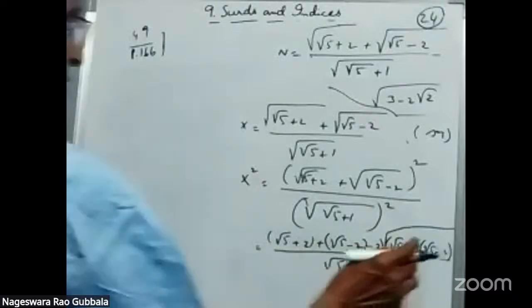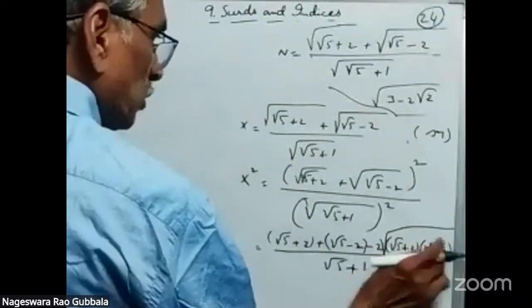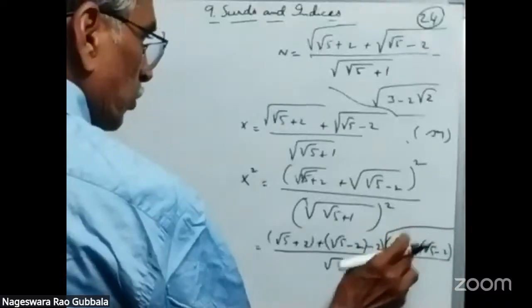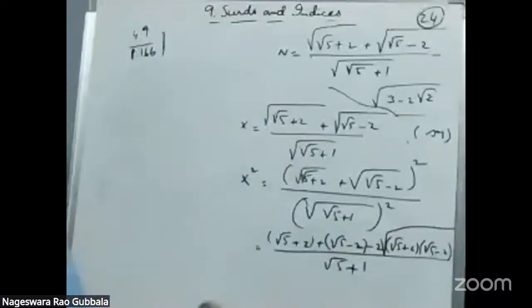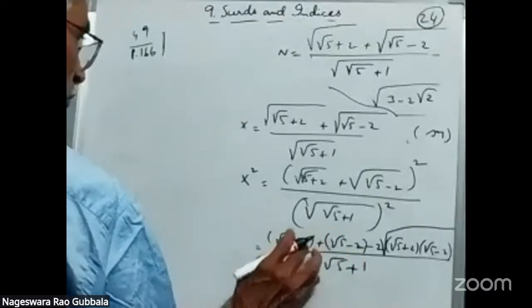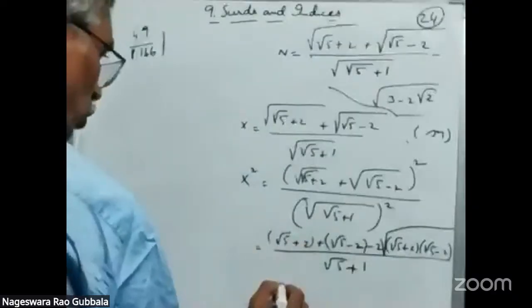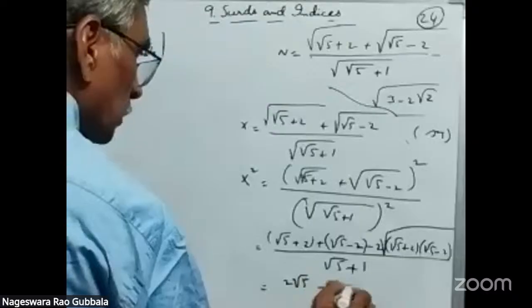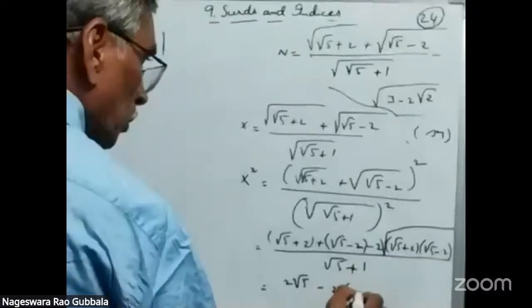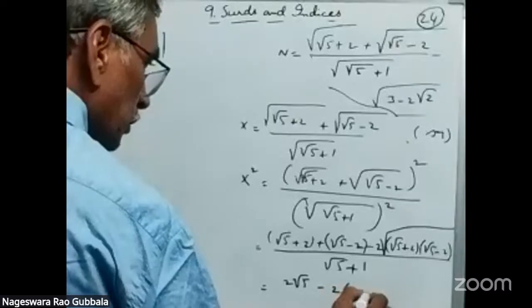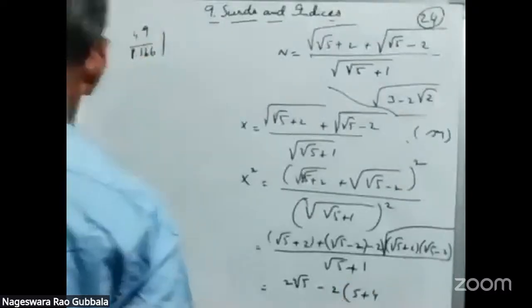See, simplification is here: a plus b, a minus b model, a square minus b square. a square is 5, b square is 4. Here also addition is required: plus 2 minus 2 goes, 2 root 5. Minus 2 into root of 5 plus 2, square is 4.